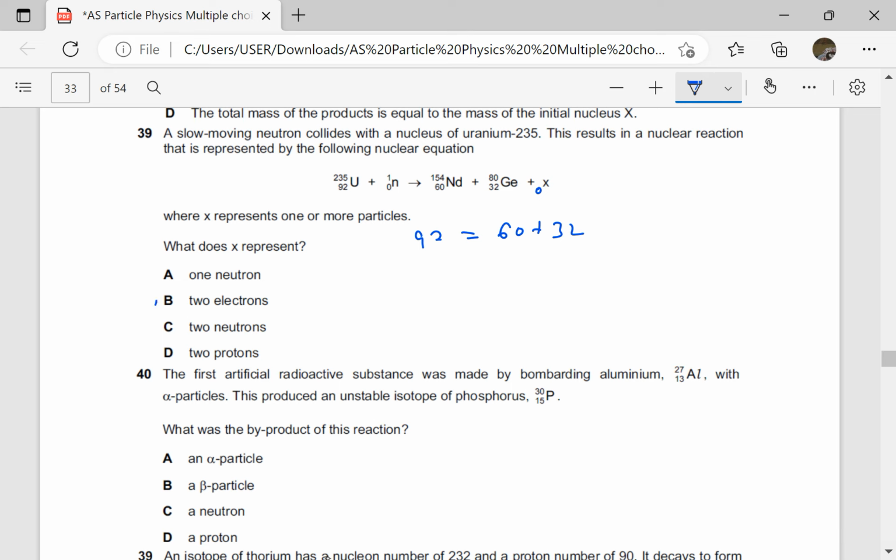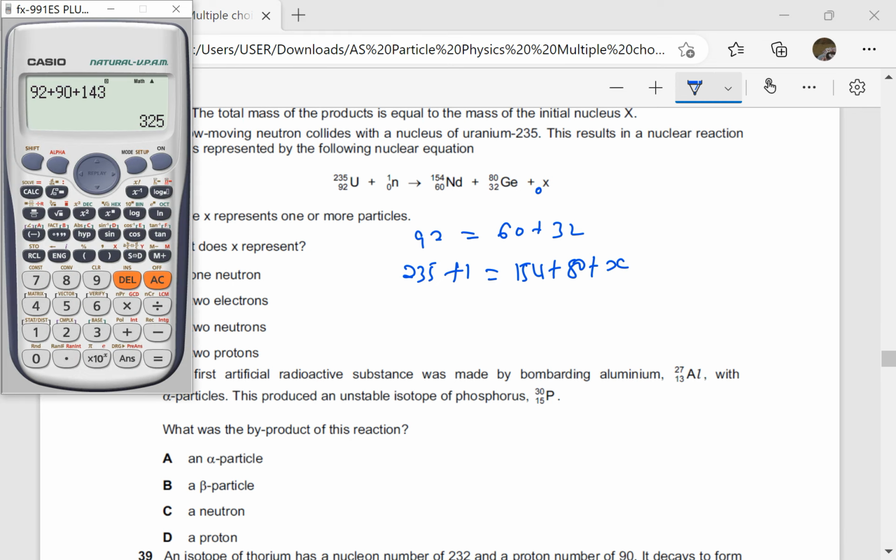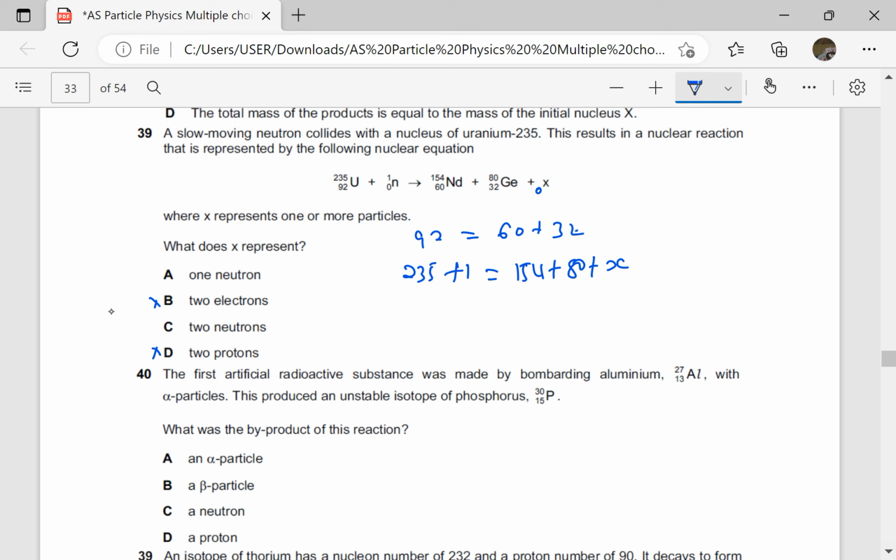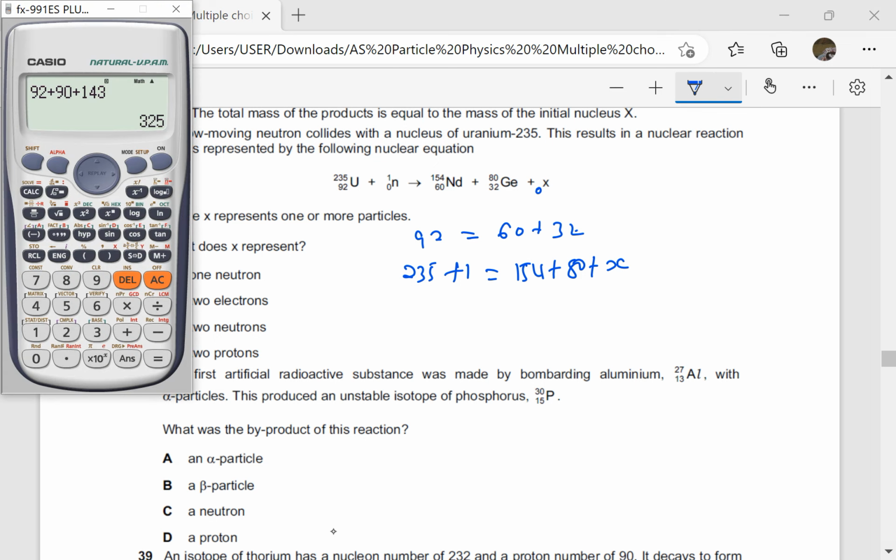So we can't say electrons because it affects proton number. We can't say protons, it affects proton number. So we have 1 neutron and 2 neutrons. Let's now conserve nucleon number. 235 plus 1 should be 154 plus 80 plus the nucleon number of X. Because the proton number is 0, the nucleon number must be 1.